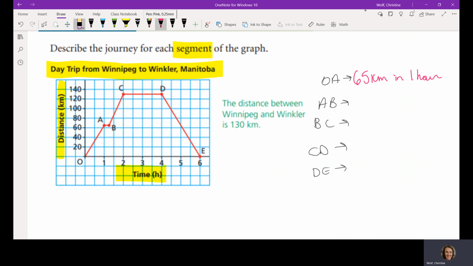So for the next one, if we look at time, this right here is halfway, so that would be a 1.5 hour mark. But if we look down, we're only halfway through that. So if you think of time, we have 1 hour to 1 hour and a half. What's between that? That would be 15 minutes.